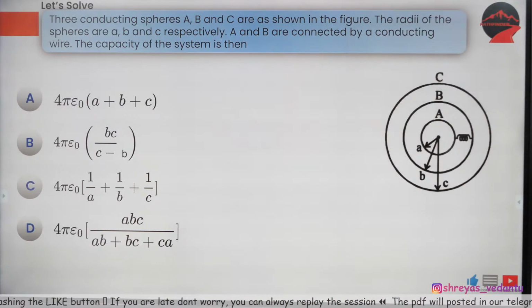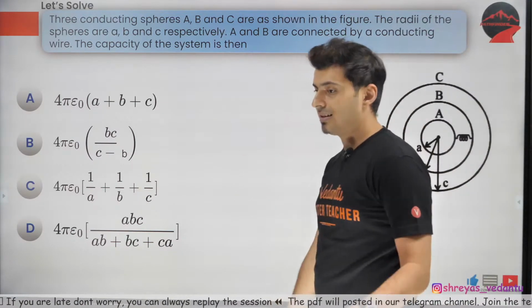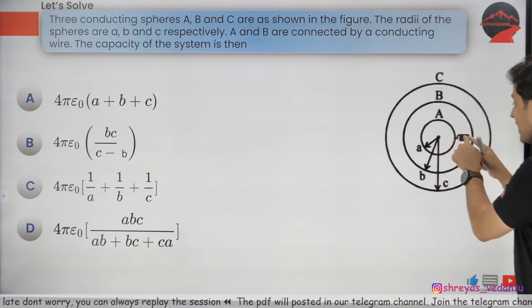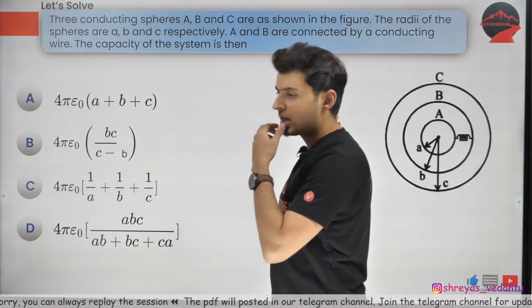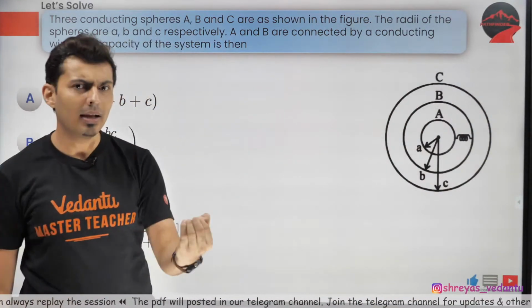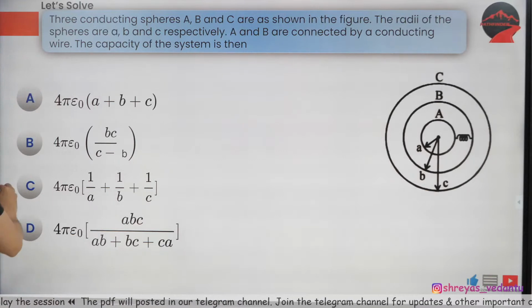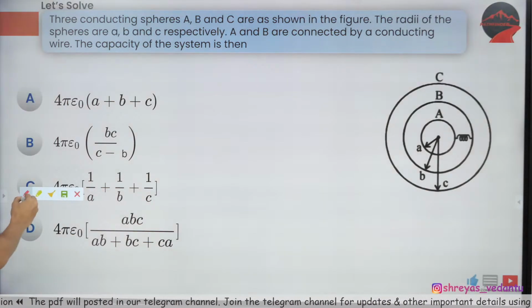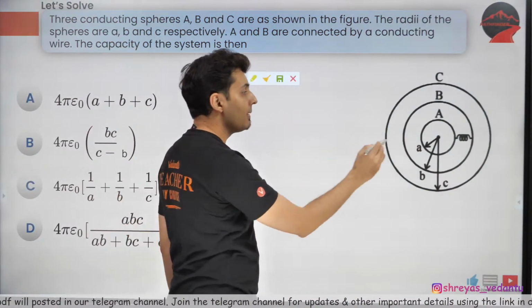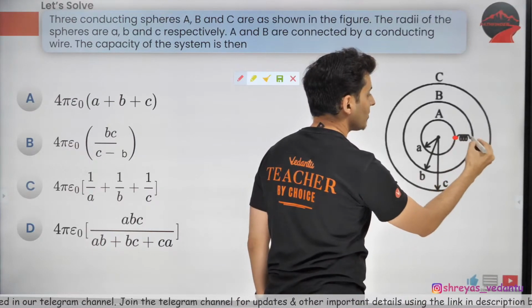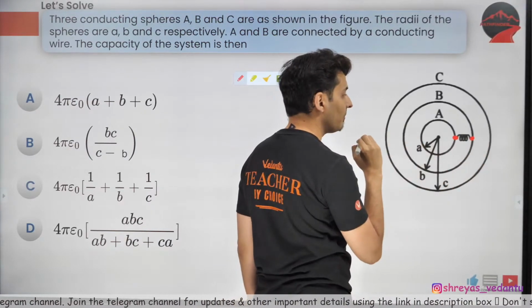Okay, figure this out. What do you think will be the correct answer? What is the effective capacitance if this A and B are connected via a wire? If they are connected by a wire, what does it mean? That means their potentials are same, right? If they are connected by a wire, that means this point's potential and this point's potential are same.